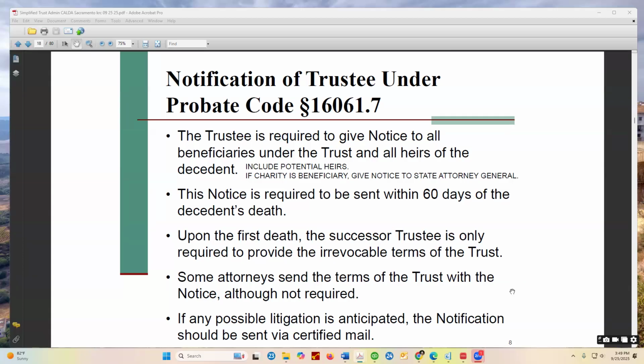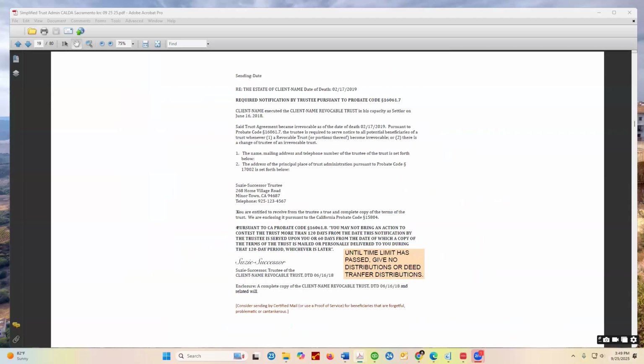And that either they have a right to get a copy of the full trust or they can get a summary. We always send it. It's a good idea to send these notices to all heirs by certified mail so you can prove that you met your disclosure requirement.